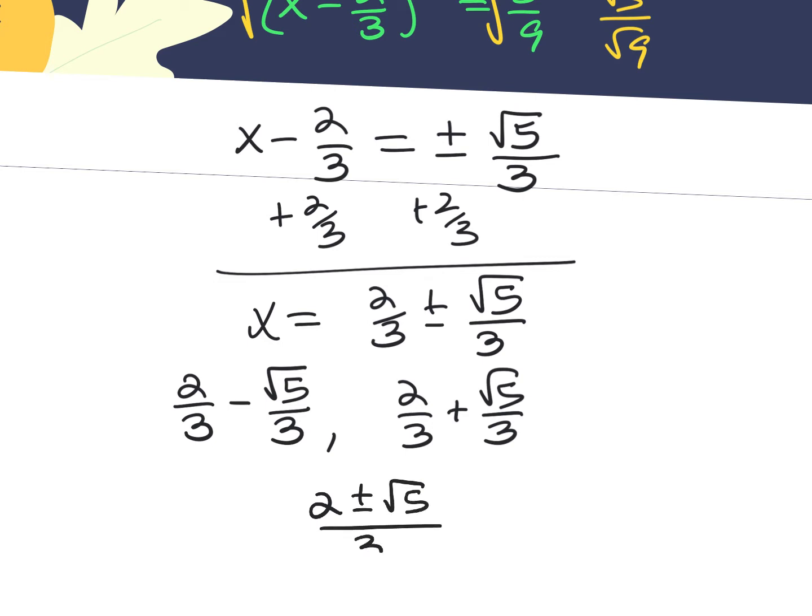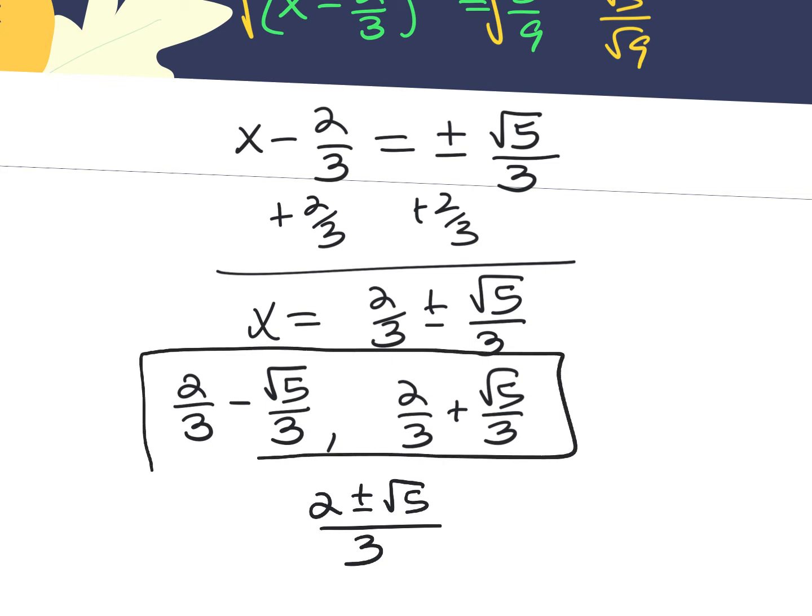They might just put it with one single 3 under both. But WebAssign is going to expect you to do it like that. On the test, I would be okay with you leaving it like that. This is not on the quiz tomorrow, but be aware of how to do this completing the square. Okay, because the homework is Friday.